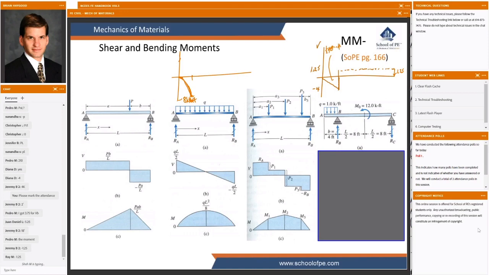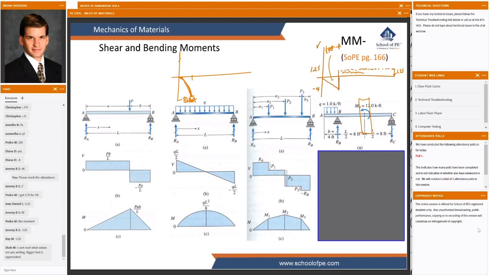And then we're going to add to that the area of our shear diagram. But I think something interesting is going to happen here, kind of right in the middle of that little span there. So let's work from left to right to see where we end up at the 12-foot mark.